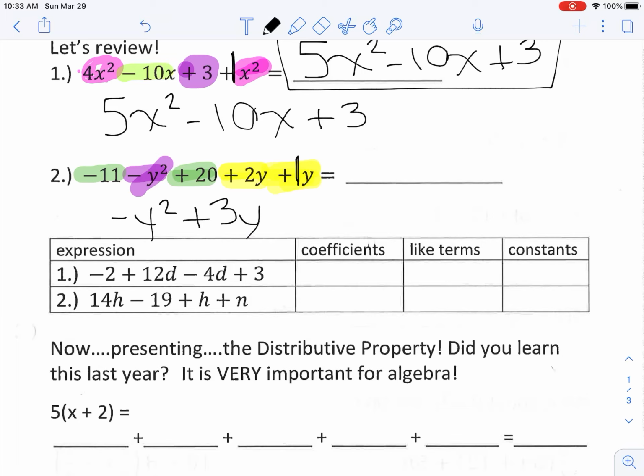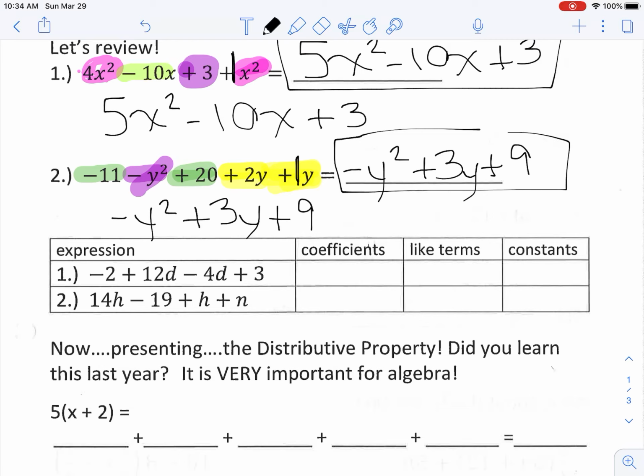So you can think of that as negative 11 plus 20, or you can think of that as 20 minus 11. 20 minus 11 would be a positive 9. So negative y squared plus 3y plus 9 is the result. And there is nothing else that we can combine, so that would be your final answer.